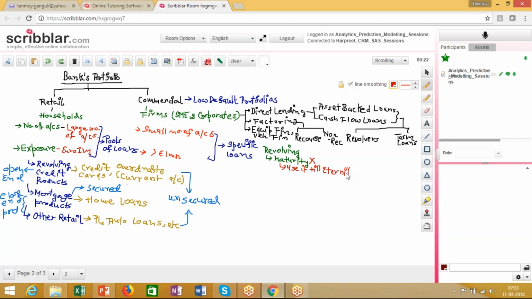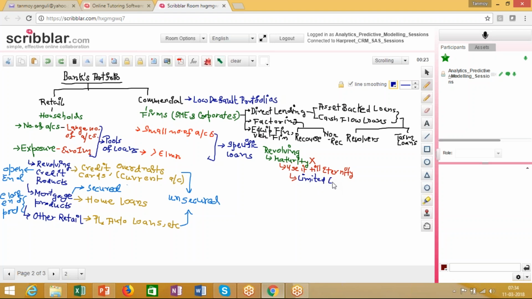Now, when I talk about using this till eternity, the next thing that I also need to understand is that the limit of credit is not infinite. The credit that I have is limited, right?